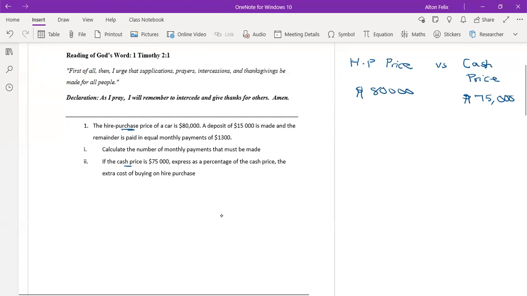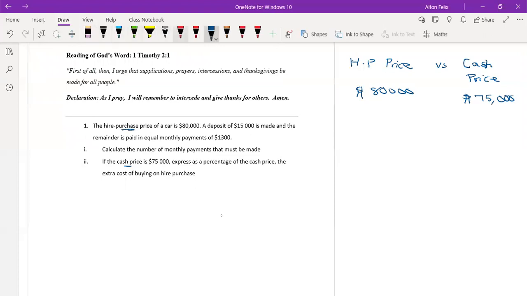So part 1 asks you to calculate the number of monthly installments. So let's work it out. When you're given the hire purchase price, in this case here, the customer makes a $15,000 deposit. So that deposit must be subtracted to find out how much is left to be paid.